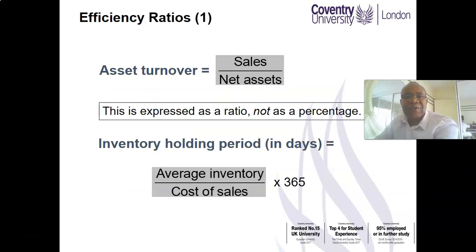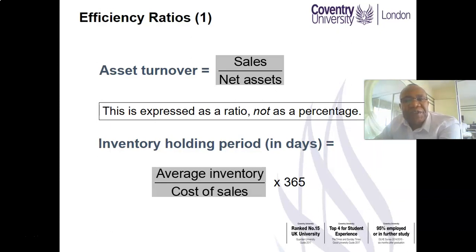For asset turnover, this is sales over net assets. If you remember, net assets was total assets less current liabilities, or equity plus non-current liabilities. This ratio expresses how well the assets are utilized in turnover and sales.